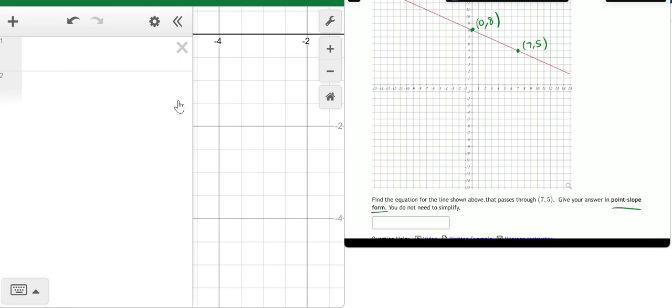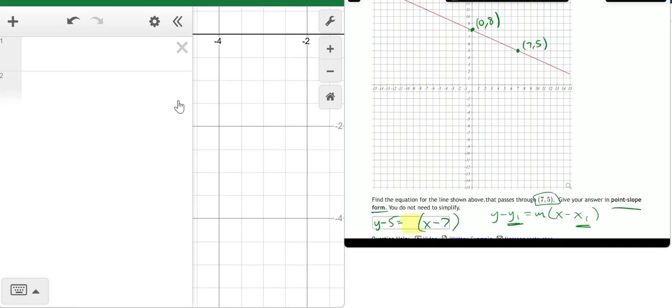Point slope form is specific, right? y minus y1 equals m times x minus x1. It's just the slope equation rewritten without it being a fraction. Just cross multiply it. So we know that the point x1, y1 is this point. So we have y minus 5 is equal to, we need to know our slope, we'll talk through that in just a second, and then x minus 7.